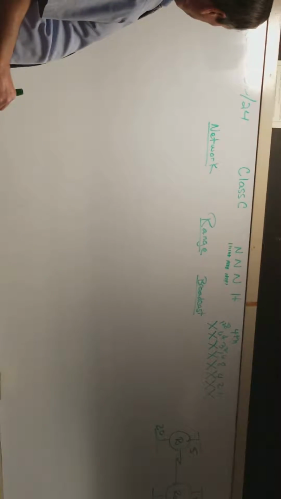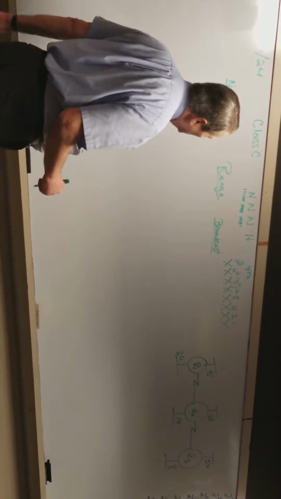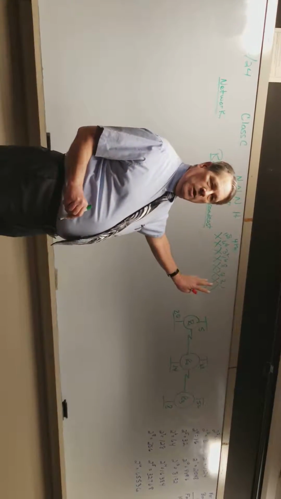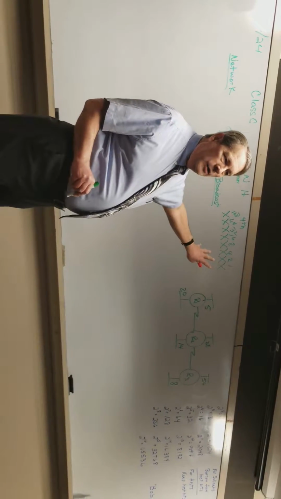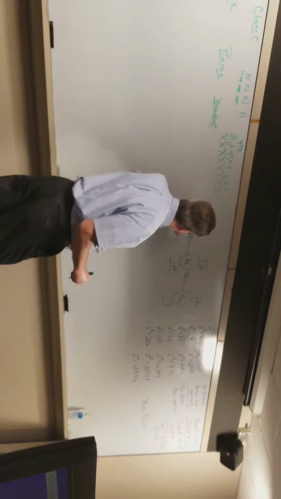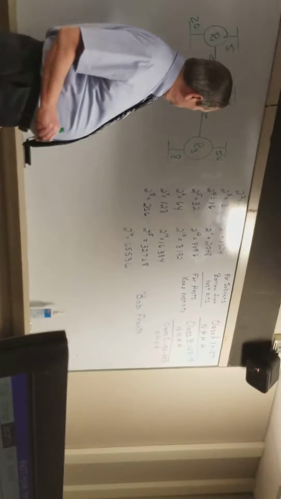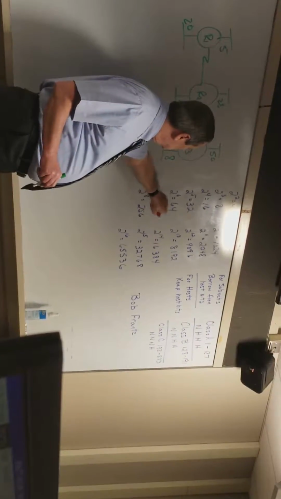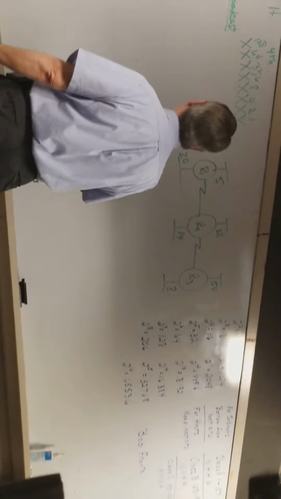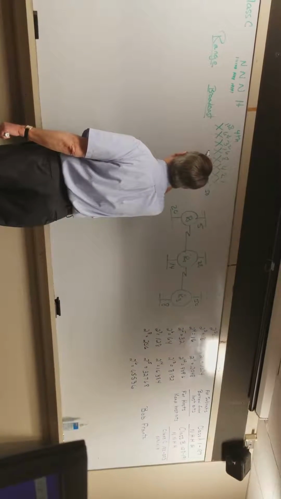So what I need to do is start with my largest one. What has the most hosts? 50. What number do I need for 50? 6. So for 50 hosts, I need 1, 2, 3, 4, 5, 6.